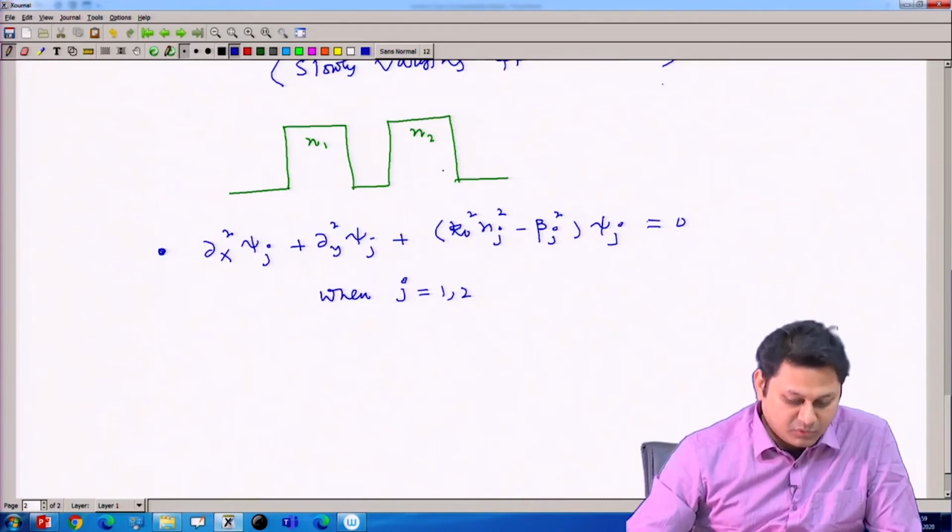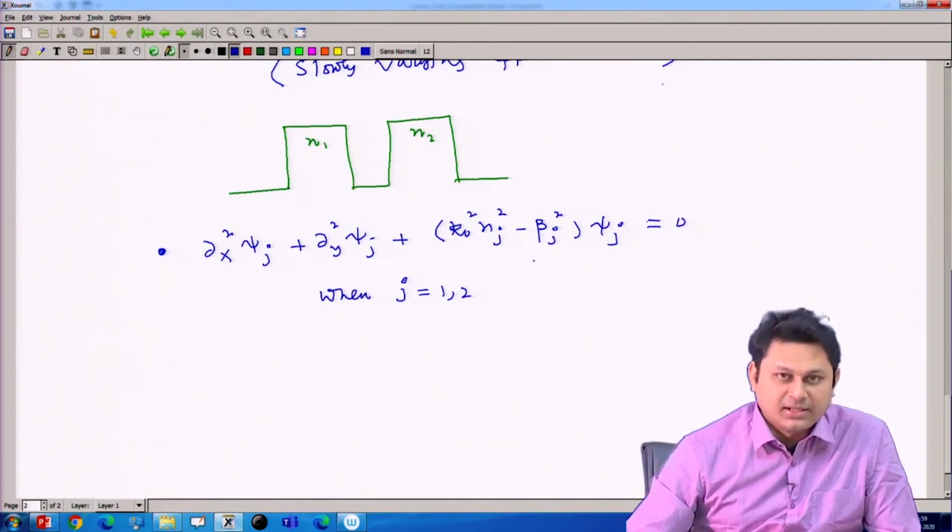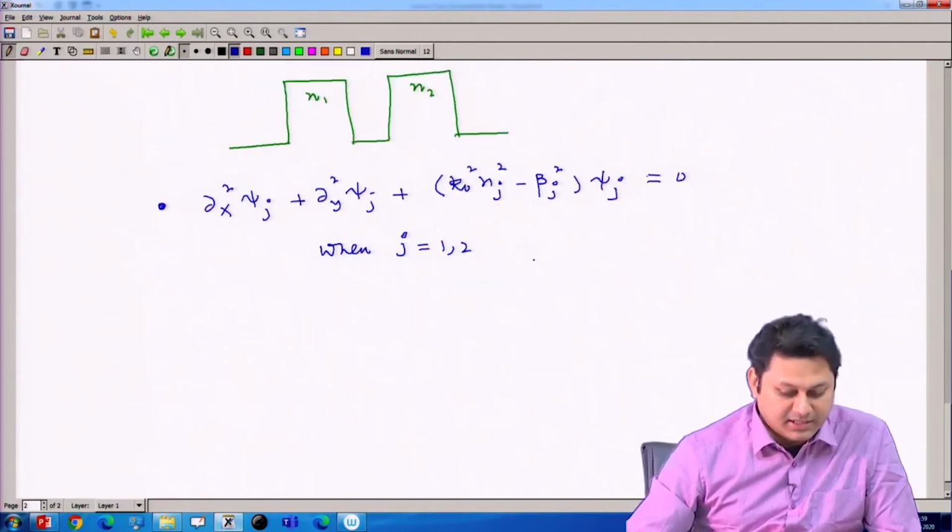If I now remove this waveguide n2, I have only one waveguide, and then this equation is going to be satisfied by psi 1. If I do not have n1, only have n2, then again psi 2 is going to satisfy this equation. So, psi 1 and psi 2 individually are going to satisfy this general equation. I just write this general equation by putting a suffix j, so that I can understand that this equation will be satisfied by 1 and 2, or psi 1 and psi 2.